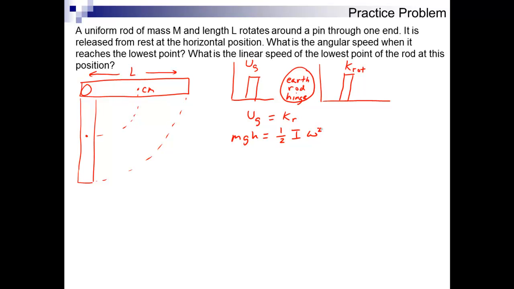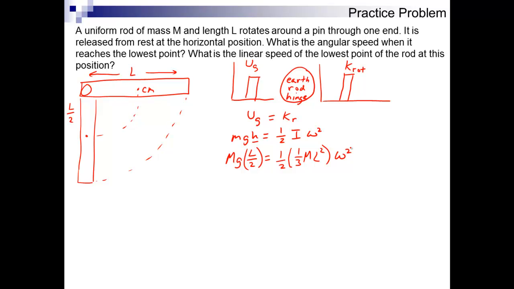Now, we need to look at certain things. This h here, the total distance that the center of mass travels, is a distance L over 2. I is going to be the rotational inertia for a rod on its end, which we've said before is 1/3 mL squared, times omega squared.